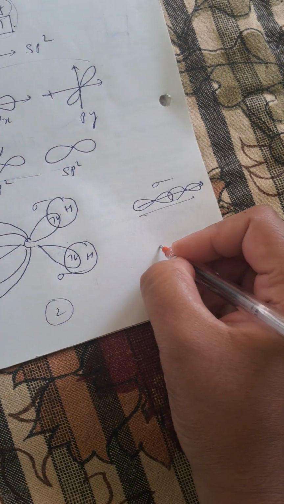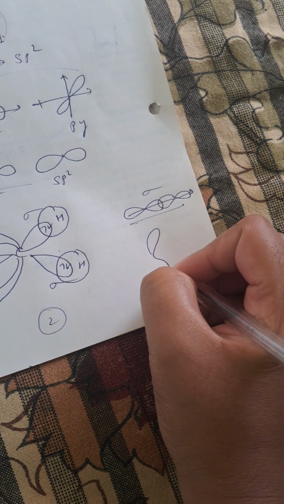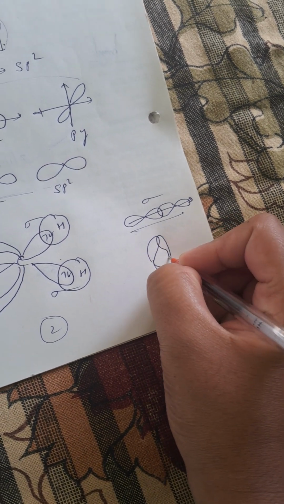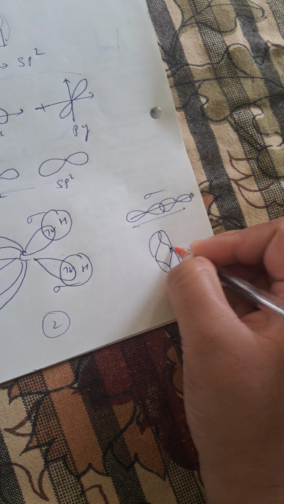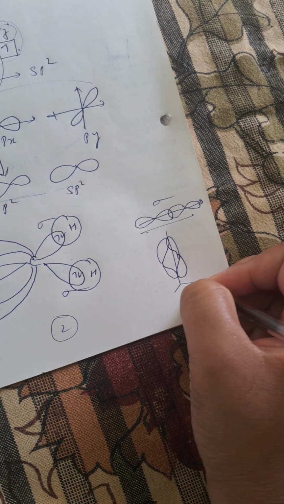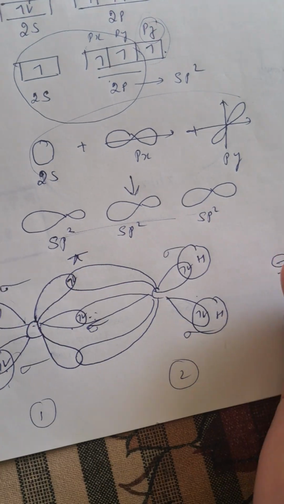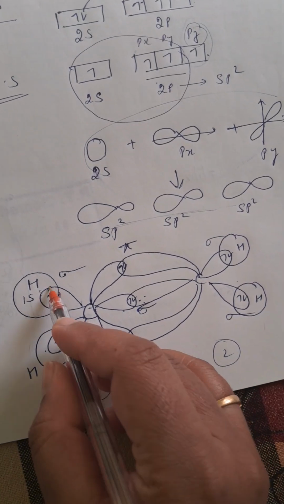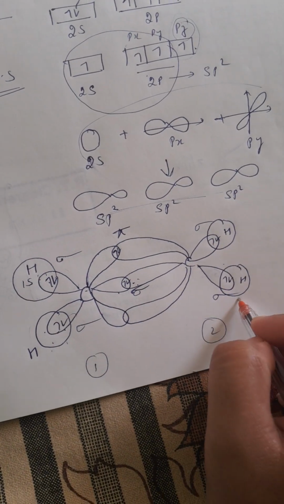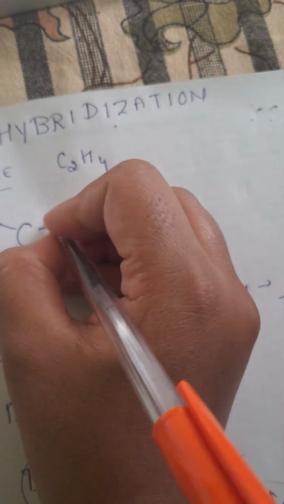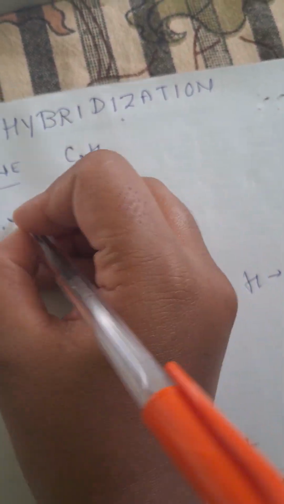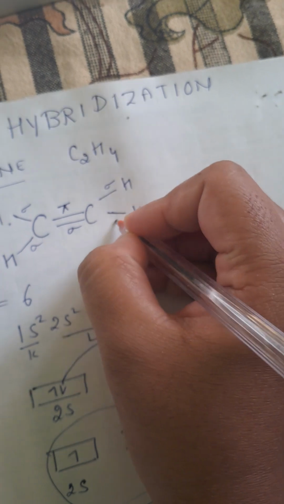But if the p orbitals are lying parallel to each other, like this, they form a pi bond. So here 1 pi is expected. So altogether 5 sigma bonds and 1 pi bond. Let's come back to the structure. So this is 1 pi, and sigma, sigma, sigma, sigma, sigma bonds.